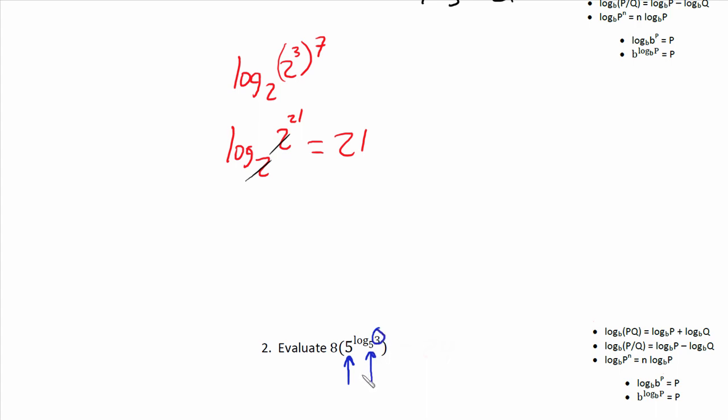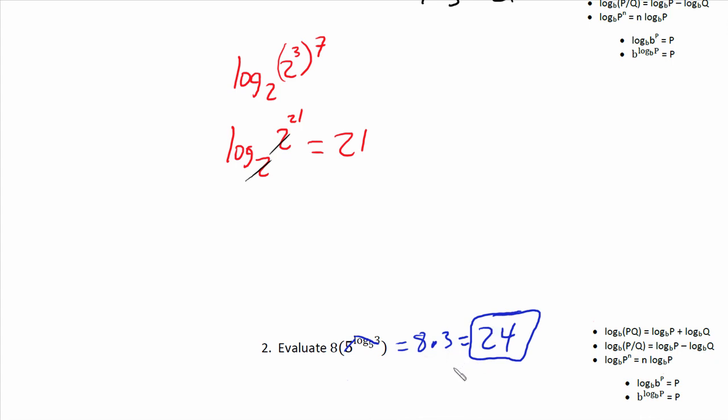We're only left with 3 here. So this is this form right here. And notice you're just left with whatever's right here. So we're going to cross that out and we're just left with the 3. So we're going to have 8 times 3. So we're going to have 24. And that's the answer to number 2.